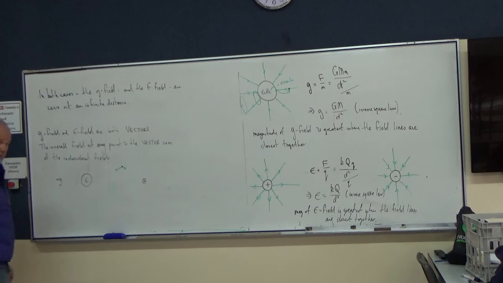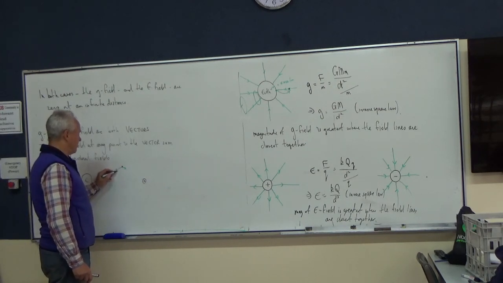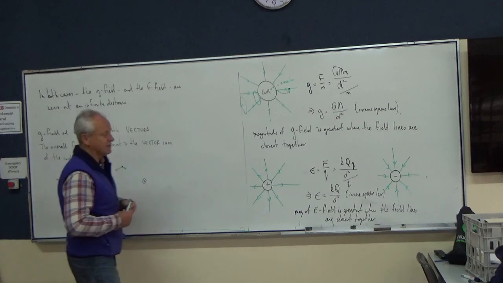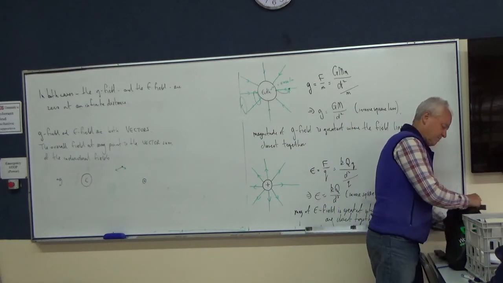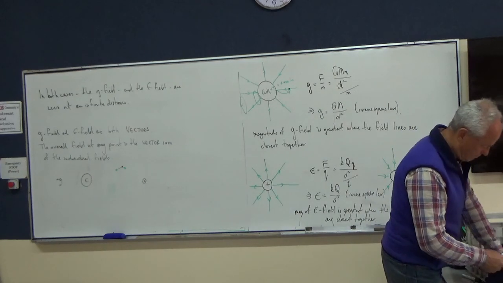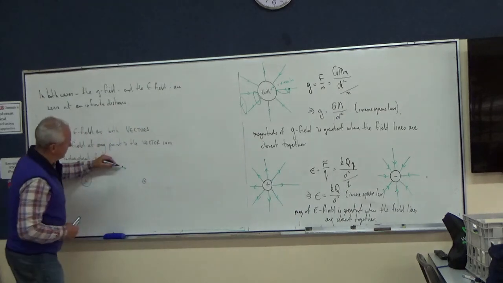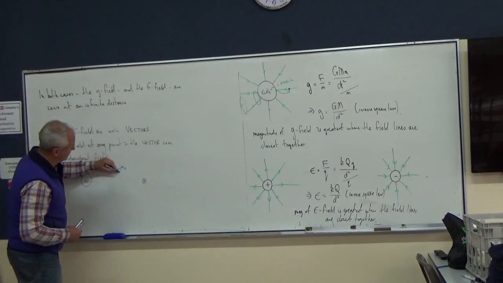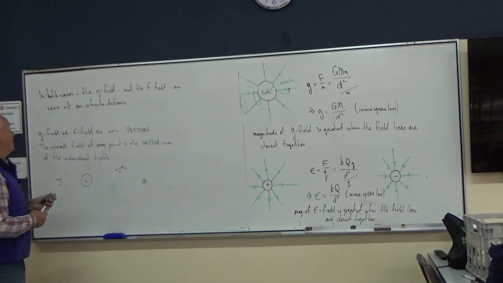The overall gravitational field would be the vector sum of those two, so that one plus that one gives us, we might put it in a different colour, the overall gravitational field, that one plus that one would give us something like that. Alright?